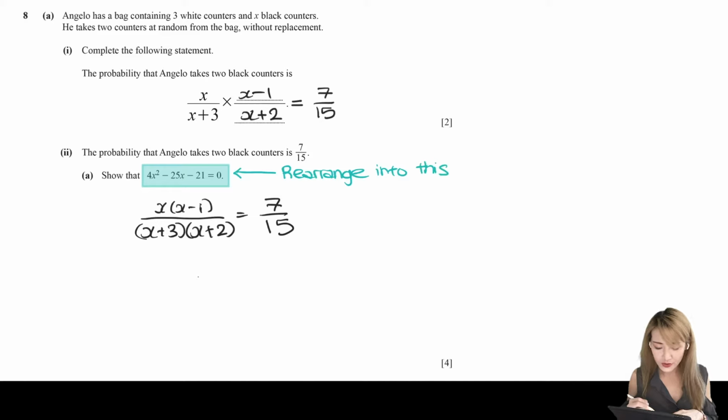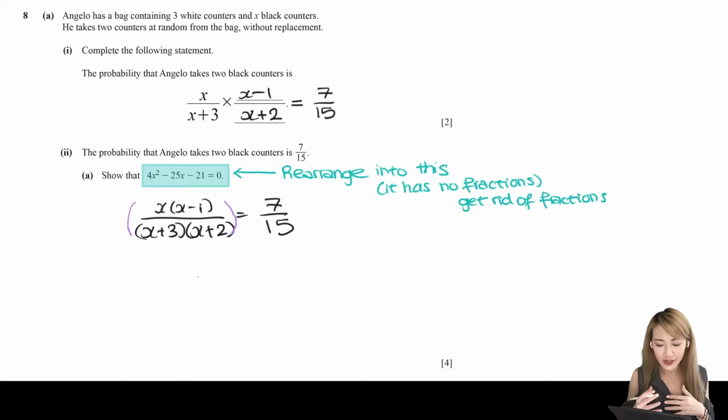0. So if you compare the two expressions, the expression that we want doesn't have any fractions. So the first thing we should do is to get rid of the fractions. And we can get rid of the fractions by multiplying both sides by the product of all the denominators, or basically cross-multiplying.